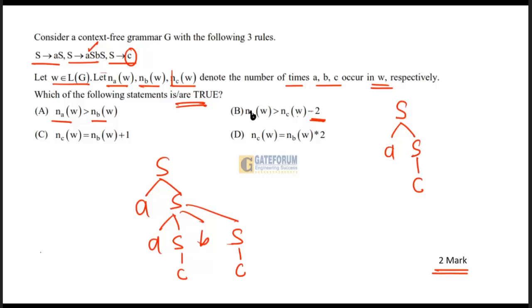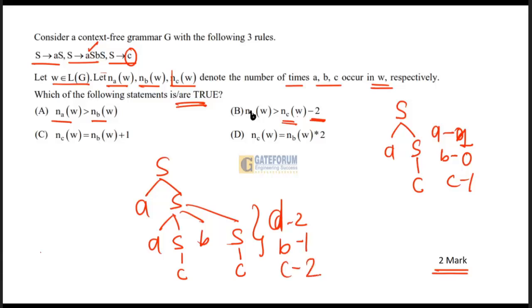If we subtract 2 from how many times C occurs, C will be minus 1, lesser than B. Here A is occurring 0 times, B is occurring 0 times, C is occurring 1 time. And in this example, A is occurring 2 times, B is occurring 1 time, and C is occurring 2 times.